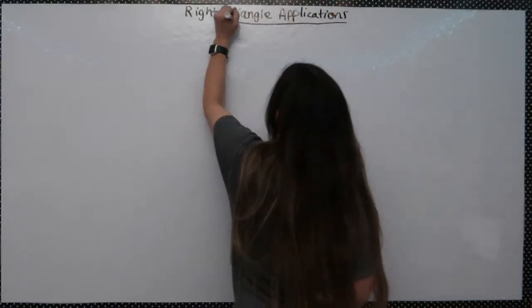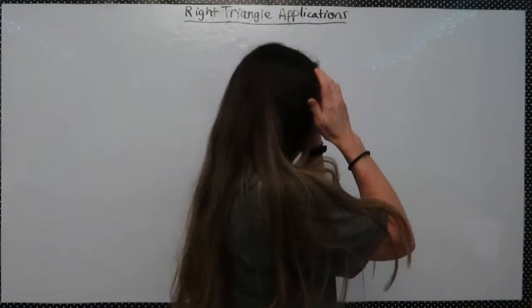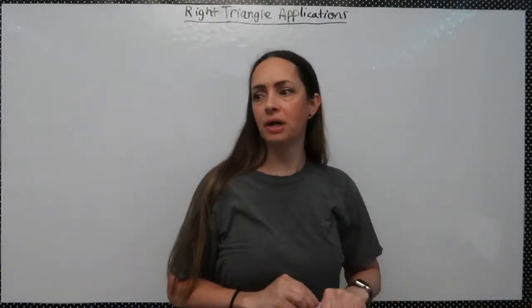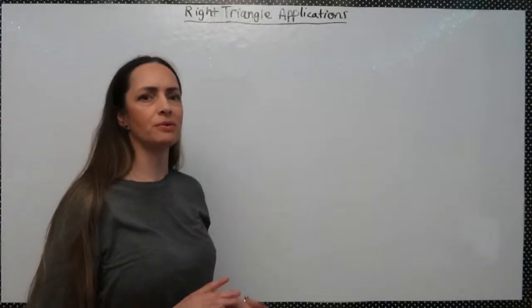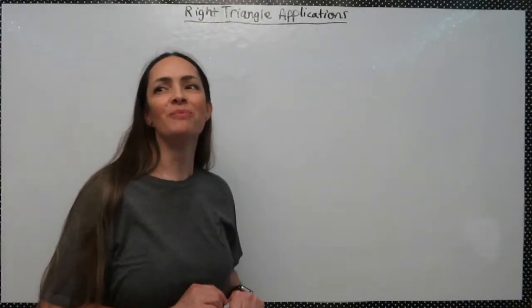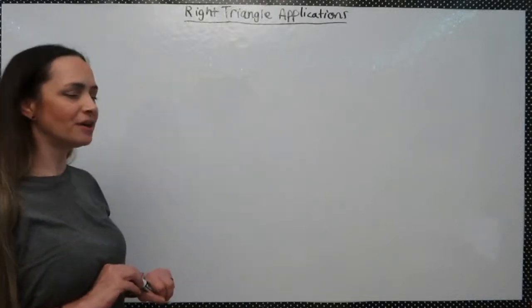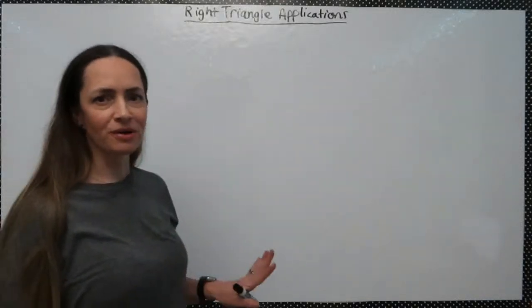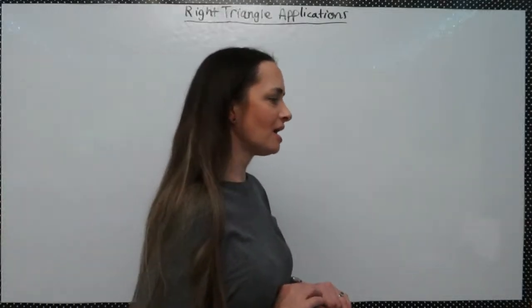All right, many applications for right triangles out there, but I'm just sticking to the basic ones for now, and maybe we'll later on get into the more complicated ones. All right, so the most important part of this is to get an accurate sketch of what's going on. I actually posted this on my YouTube post so that I would not have to write this out.